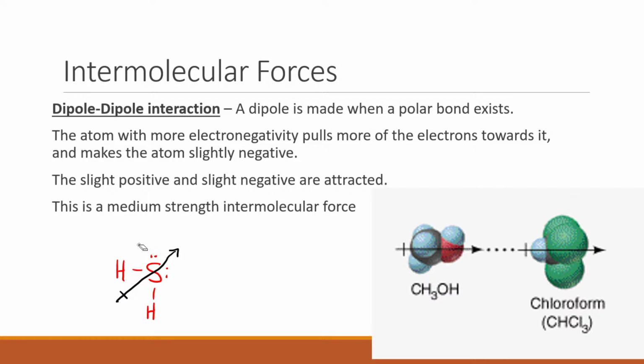And that forms the dipole, which tells us that the electrons are going to be up here. Electrons are bunched up here. And then from the hydrogens, there is a lack of electrons, because the electrons are being pulled towards the sulfur.